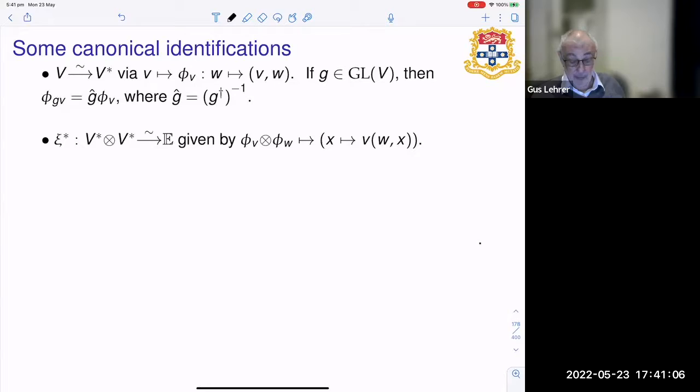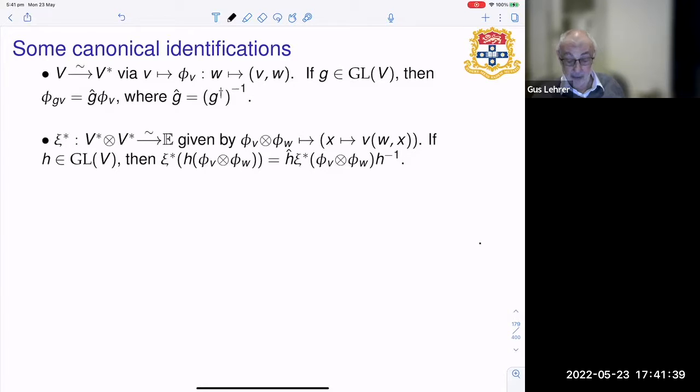We have a canonical isomorphism between the tensor square of V star and the endomorphisms of V, and that takes phi_V tensor phi_W to the map which takes X in V to phi_V times phi_W(X).